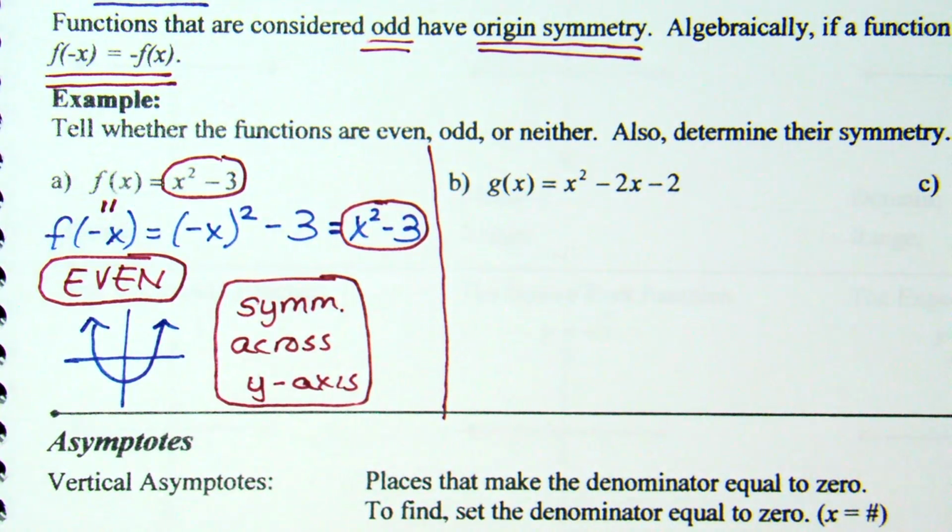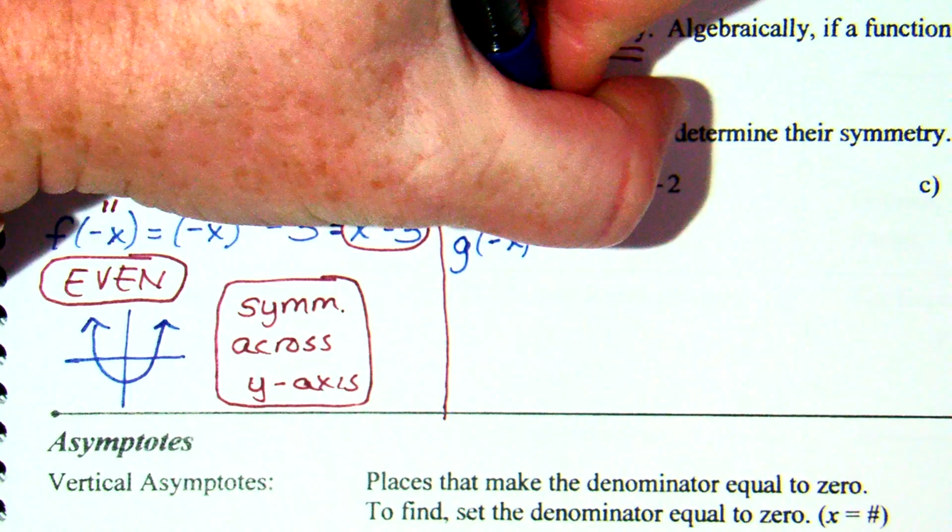Okay, so if we factored it, we could find zeros. I'm not going there right now. The point is, it is still a parabola, but where it lands will depend what kind of symmetry it has. Okay, so we'll look at the graph here in a moment. So let's do this algebraically. First thing I'm going to find is g of negative x.